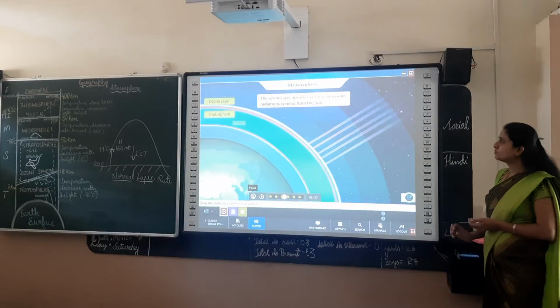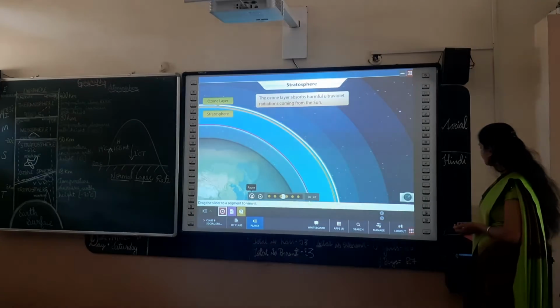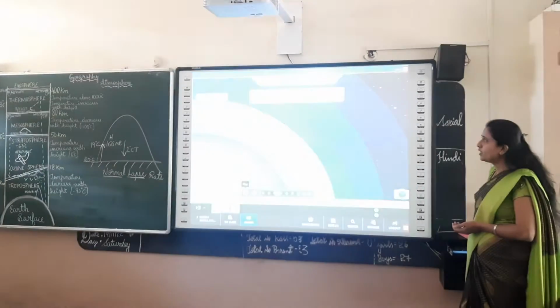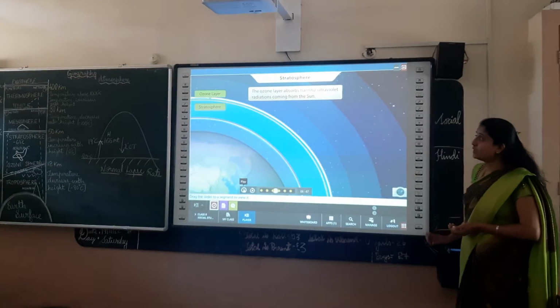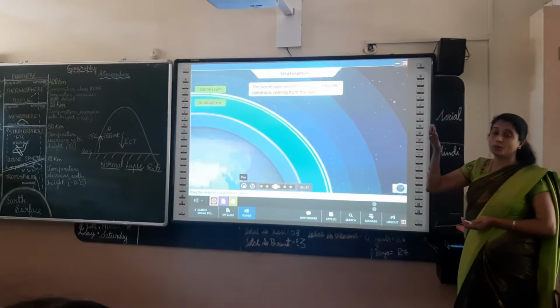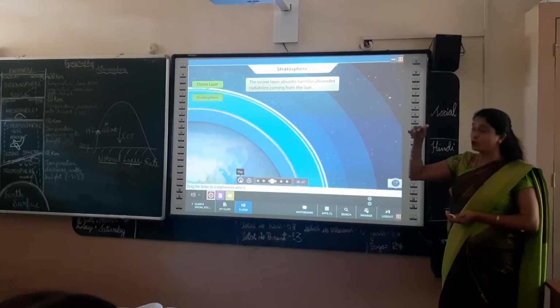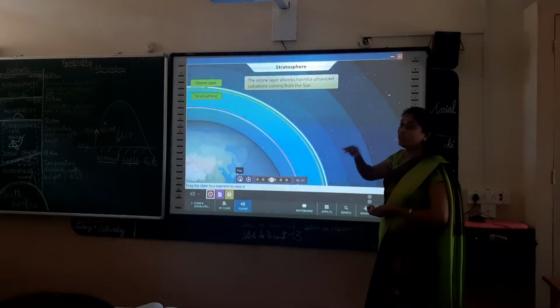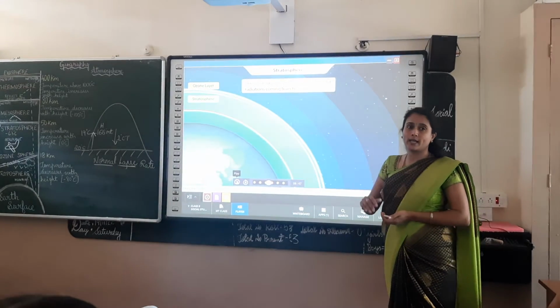The ozone absorbs the harmful ultraviolet radiations that are emitted from the sun. Here is one more unique layer, nearby above the troposphere in the stratosphere, called the ozone layer.